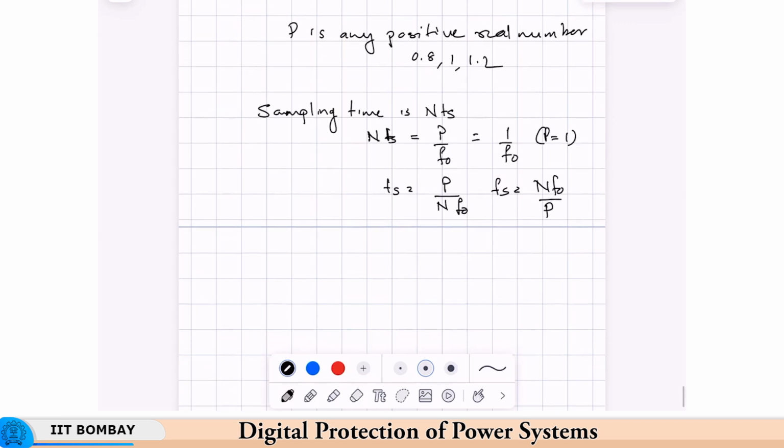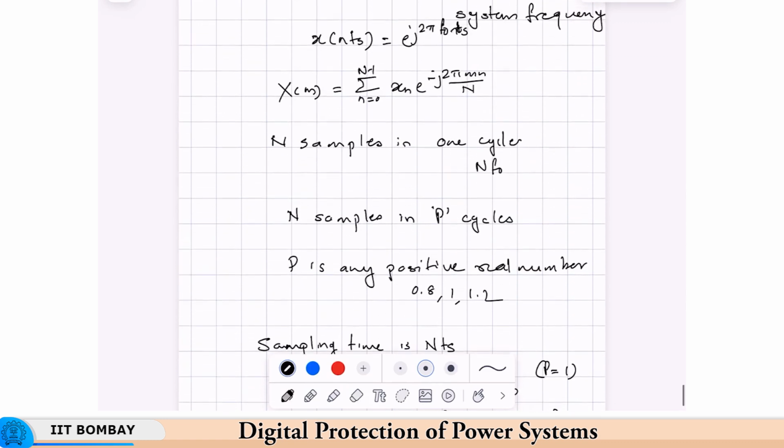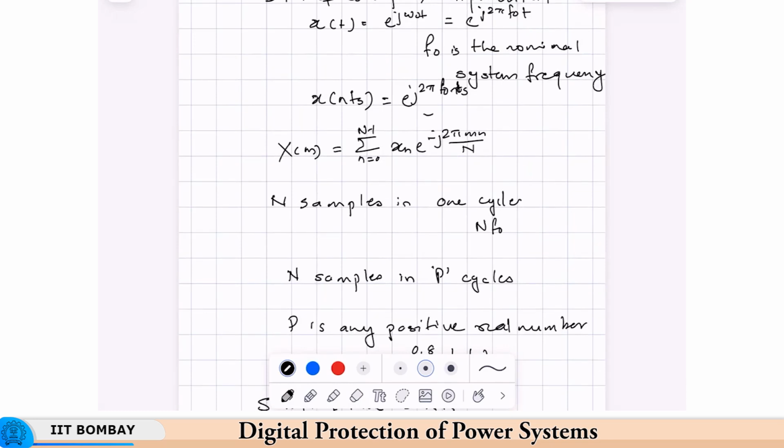So, now what happens to the samples? We had said that x of n Ts is this.